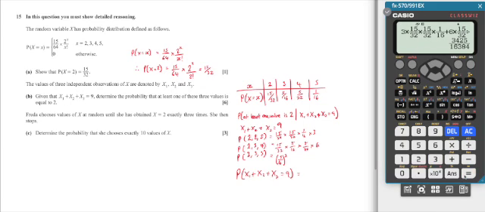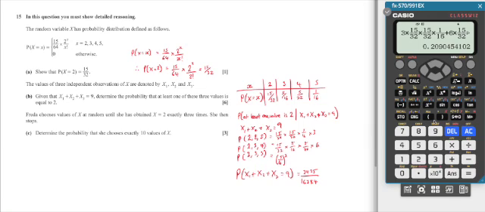And the probability that I'm going to get the sum of that to be 9, that's 3425 over 16384, which is 0.209. Let's keep that to hand then.